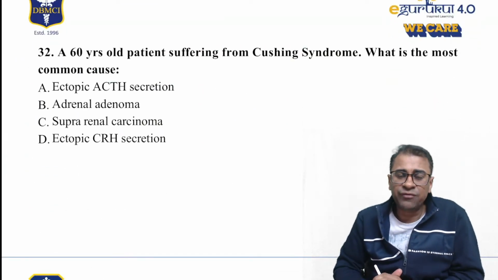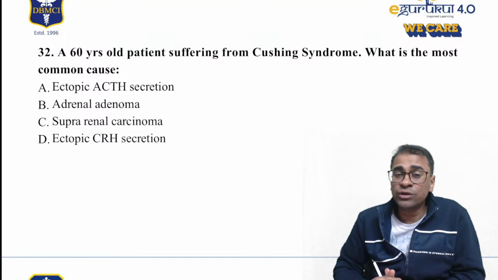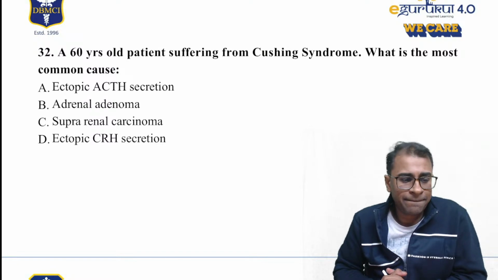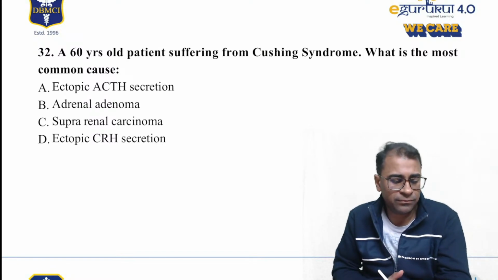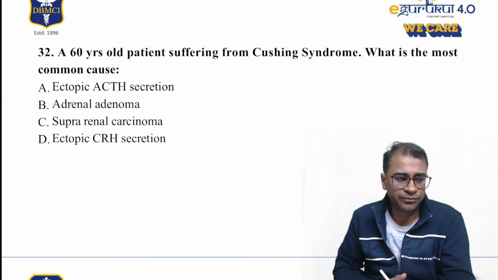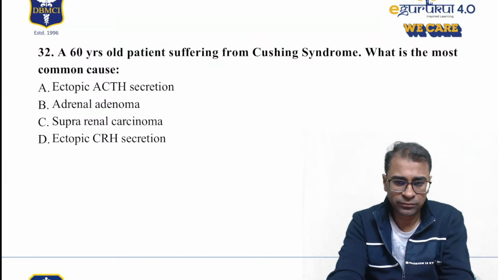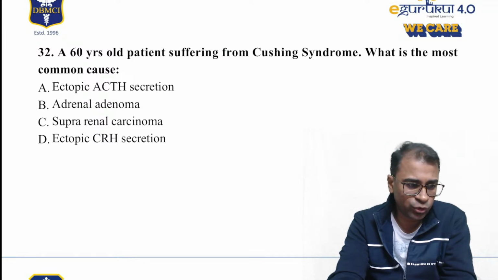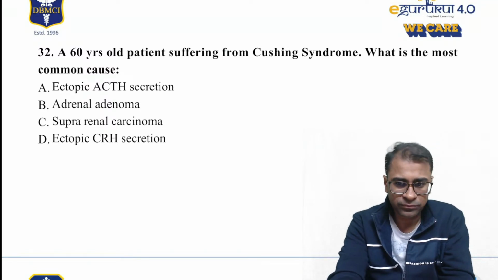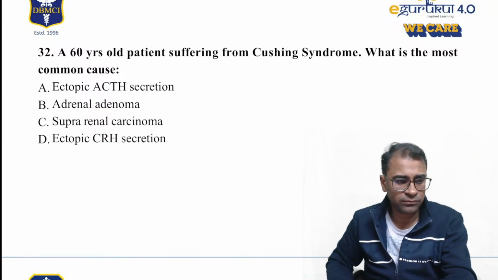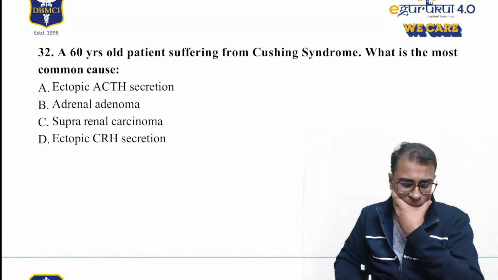A 6-year-old patient with Cushing syndrome, what is the most common cause? Most common cause of Cushing syndrome क्या होता है? It is ectopic ACTH.